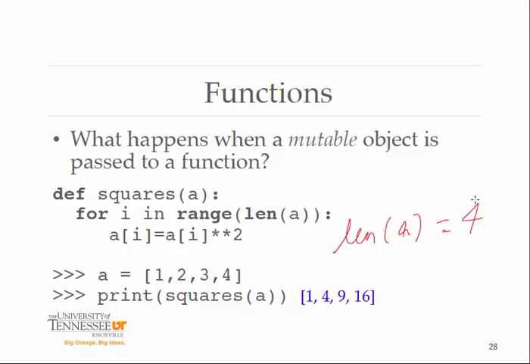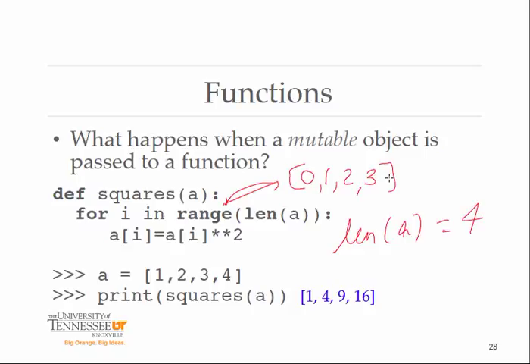And of course, what the range is going to return when you execute this for loop is the list 0, 1, 2, and 3. Again, because if you don't provide a starting index for the range, it will assume it's always 0.